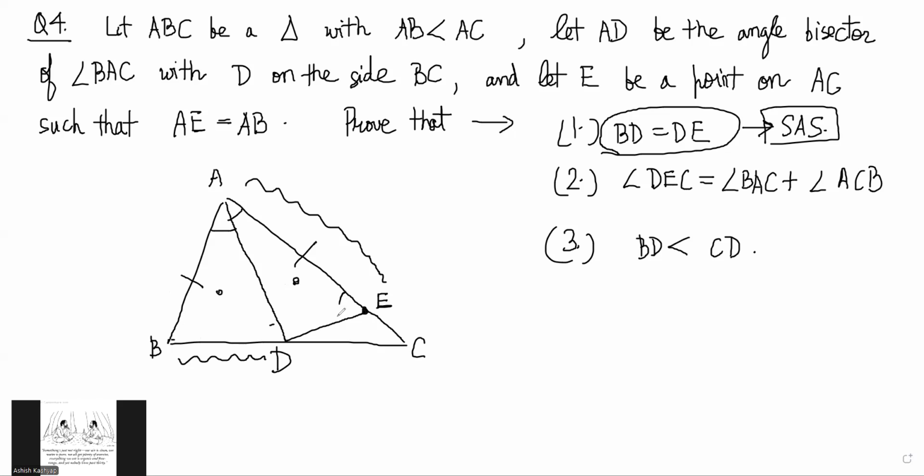The opposite angle, this angle is equal to this angle. You have to check the opposite angles to the equal sides. My equal sides are AE and AB, so the opposite angles are this and this, correct?